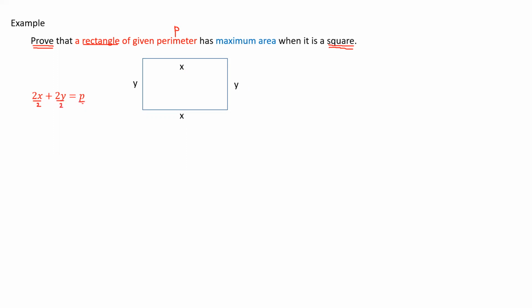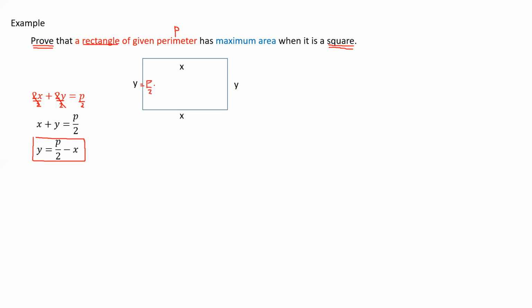When we do that, we'll get x plus y is equal to P over 2. And our aim is to get y by itself, so we'll bring the x over. We now know what the other side is. So our two sides are x, and the other side is P over 2 minus x.